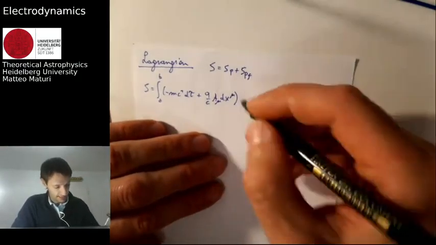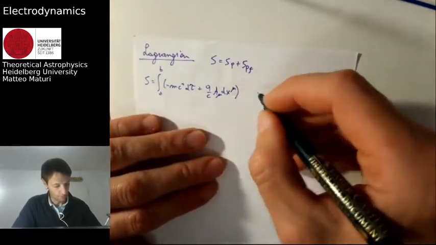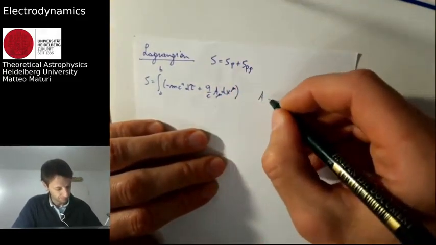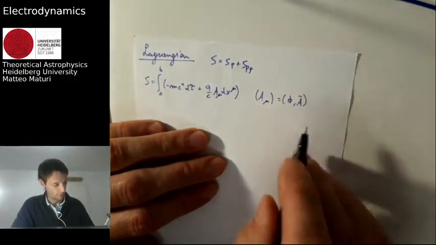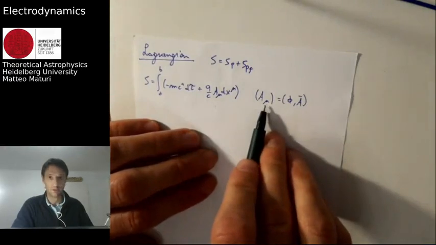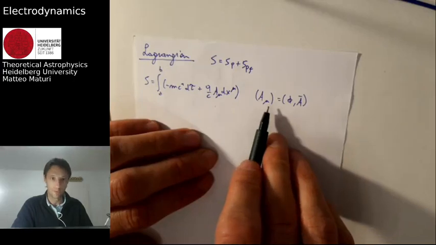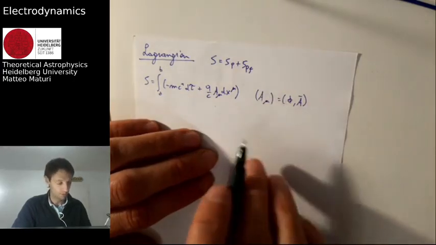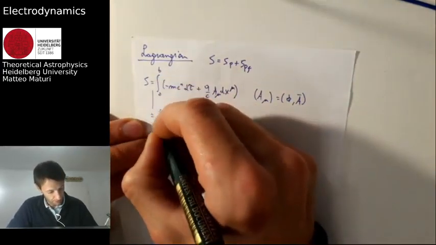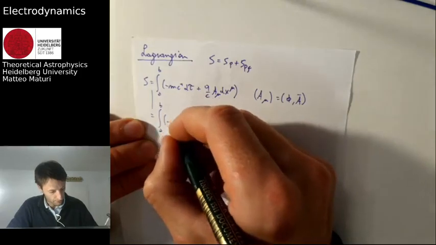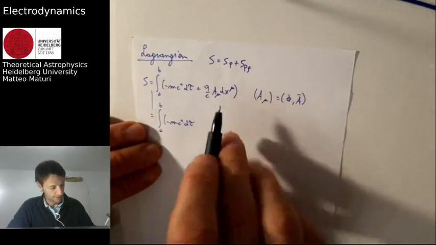Now I can explode the term A mu, which is equal to phi, A. Look, I didn't write transpose because the index is below, therefore this is the dual vector. Okay, if you want, it is the one form related to the A mu vector with the index up, and I just write it in here, integral AB, then I copy mc squared d tau. Then we have the scalar product.